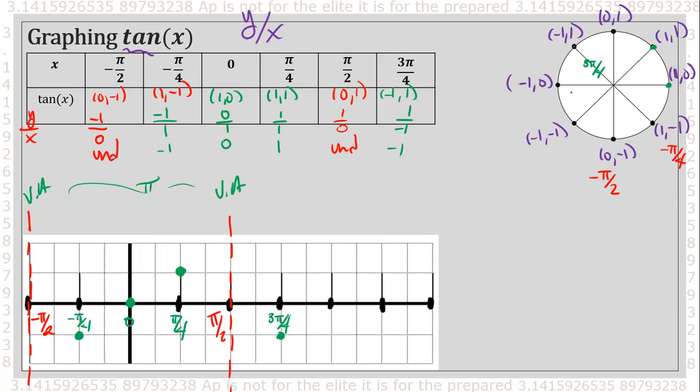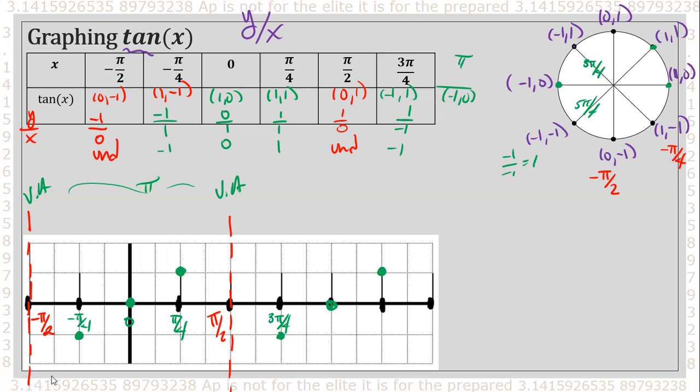If I do the same thing with my value here of pi, which is the point negative 1 and 0, I get that this will be 0. And hopefully you catch the same pattern, and you get to see that the next point, 5 pi over 4, would be a positive 1, because the negative 1 over the negative 1 equals 1.